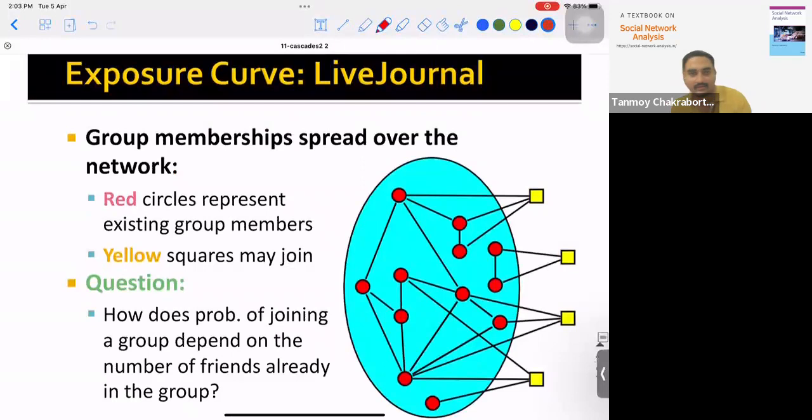Right? So let's look at another type of recommendations where there's a social media called LiveJournal, okay, where you can essentially be a part of different groups.